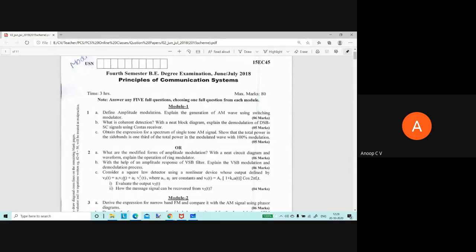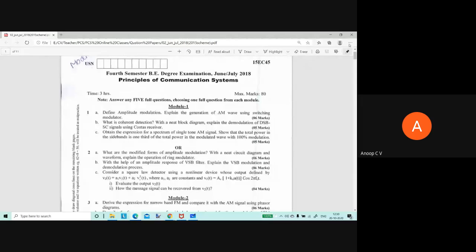VSB and SSB we have already discussed, even though not explicitly mentioned in our syllabus, anticipating possible questions in the university exam, and also because it is important for competitive exams like GATE and other PSUs. So that's why we have discussed that, and these things we'll discuss in recorded sessions.